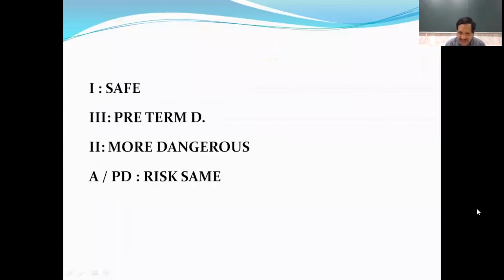In the third trimester, it may end in preterm delivery. The second trimester is more dangerous, either abortion or preterm delivery, the risk is the same. So the risk is the same as in a non-pregnant woman.